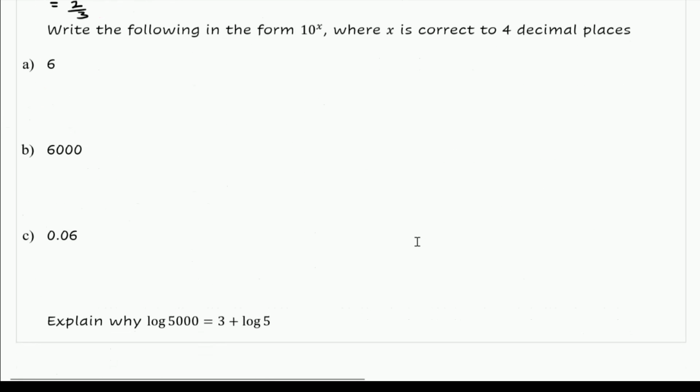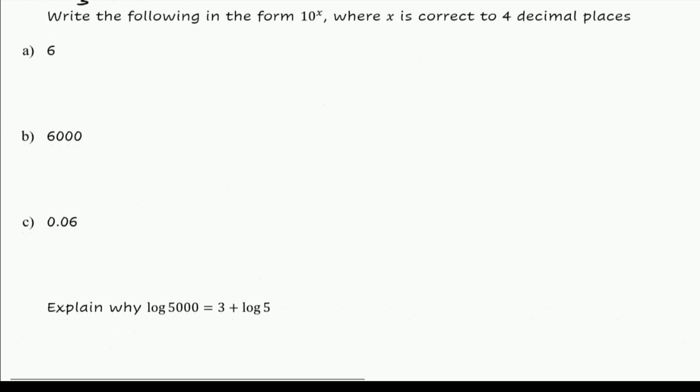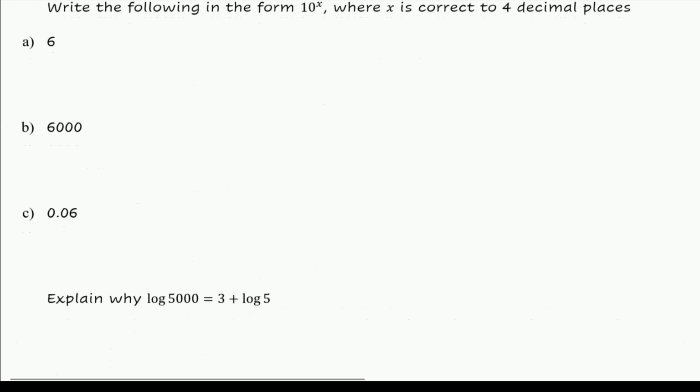Moving along to a few of our final examples here. This wants us to write the following here with a base of 10, where this x here they want correct to 4 decimal places.